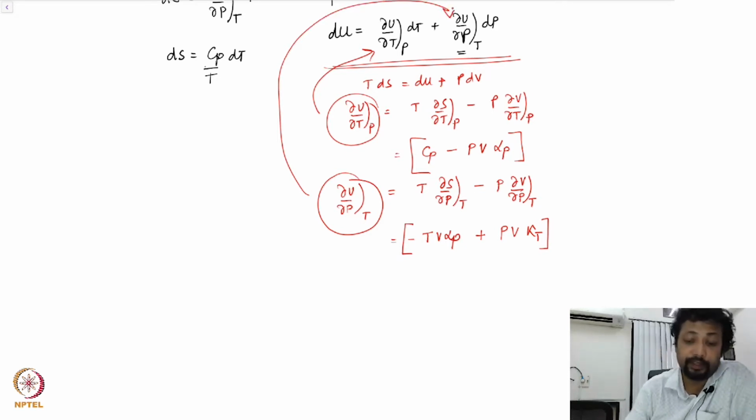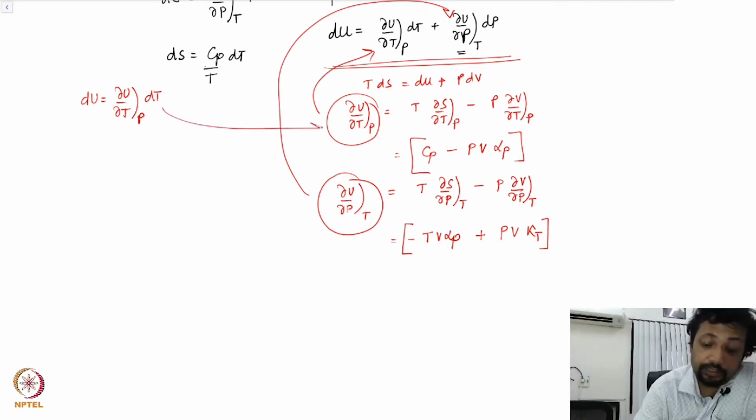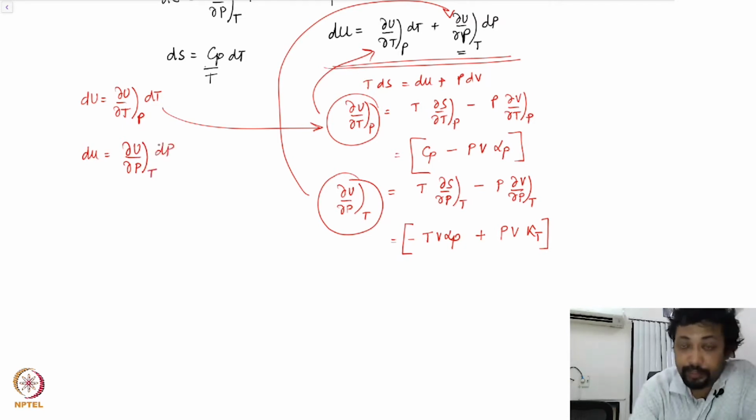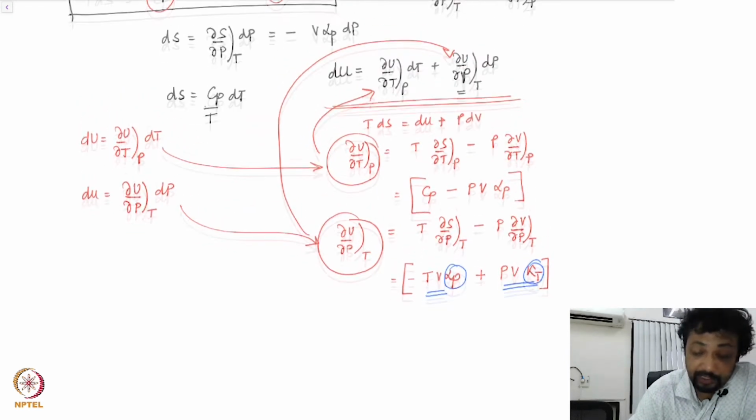If you want to keep the pressure fixed, then dU is del U del T dT, and this relation will be used. If you say, look, I have kept the temperature fixed and I want to measure the change in energy as the pressure is doubled, you are going to use this. These relations are only in terms of your response functions, Cp, kappa T, alpha P. They are not specific to any system, right?